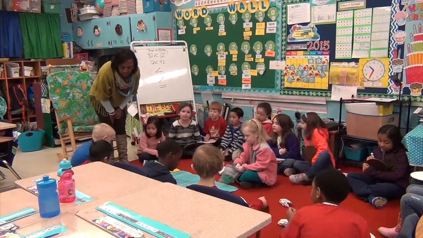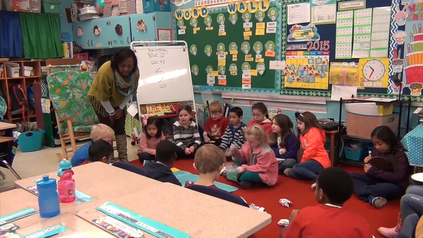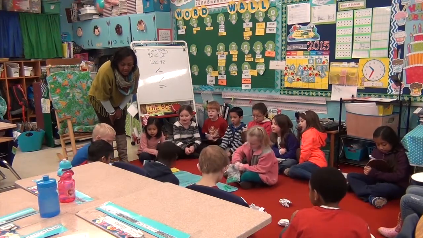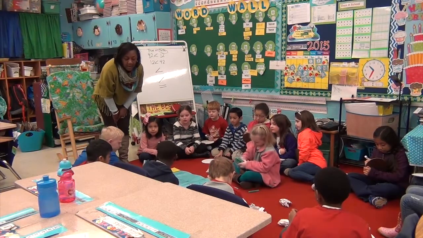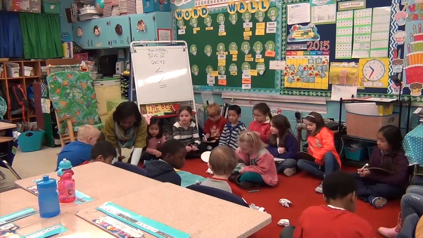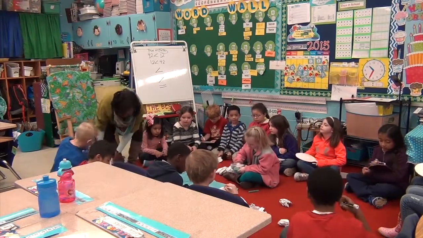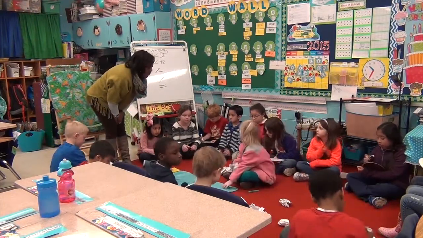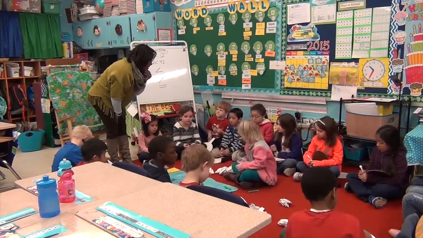Go. 1, 2, 3, 4, 5, 6, 7, 8, 9, 10, 11, 12, 13, 14. Okay, you make 14. I'll help you get these snowballs out of the way here. And remember, boys and girls, we're going to compare. If you know their numbers, go ahead and write their numbers down on your board.